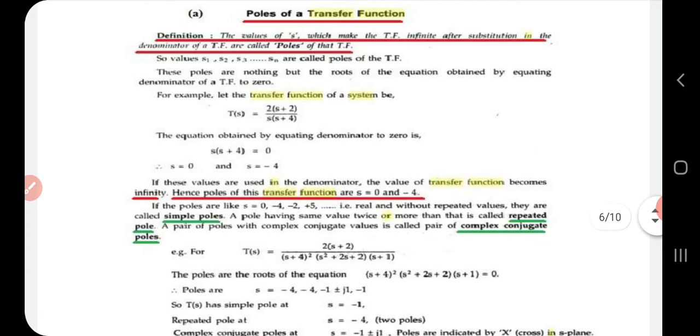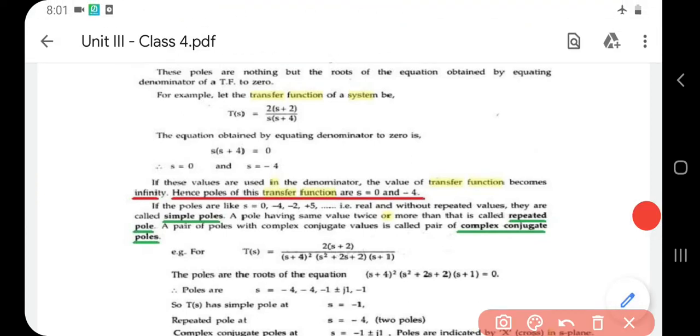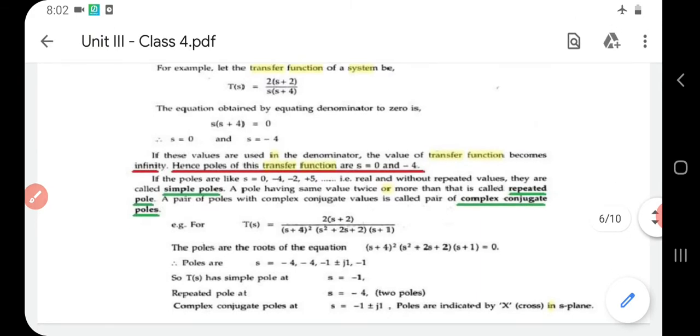This will be clear if you go through an example. You are given a transfer function like this: T(s) is equal to 2(s plus 2) divided by s(s plus 4). First you put the denominator to 0. Then what will be the value of s? It will be either 0 or minus 4.